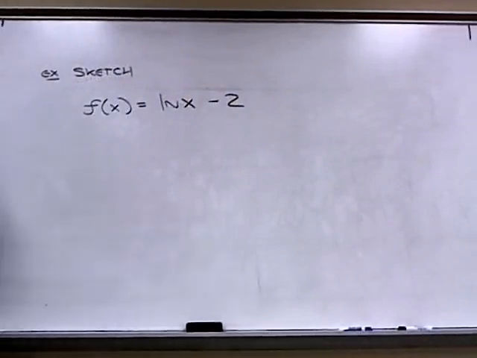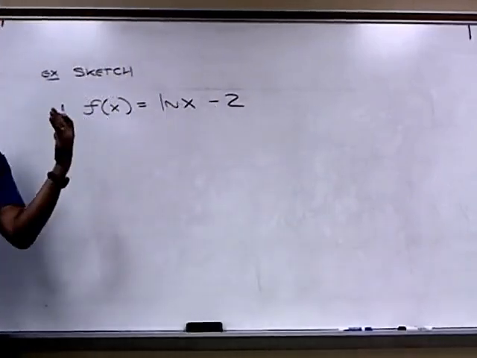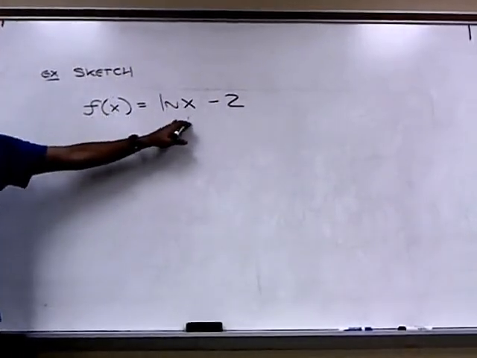No calculator. I mean, you'll be able to use your calculator in a minute, but go through the process of, like in the last problem, I asked you to sketch. This is a log function, isn't it?